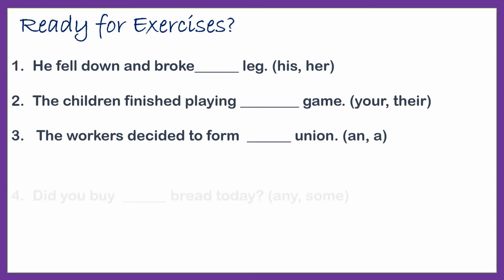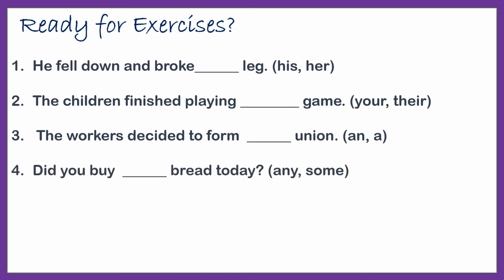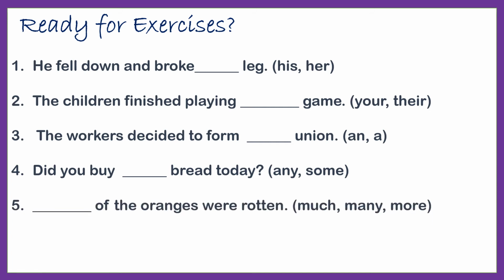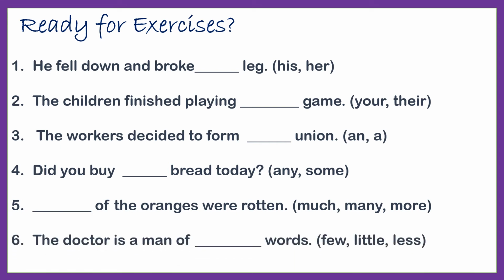And fourth question, did you buy dash bread today? Two choices are given: any, some. Fifth question, dash of the oranges were rotten. Much, many, more. Final question, the doctor is a man of dash words. Few, little, less. Now we will try to answer these questions one by one.